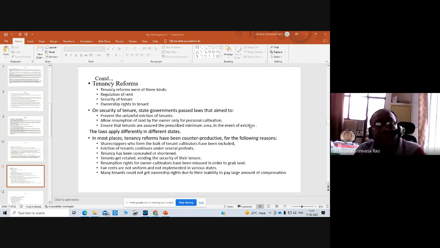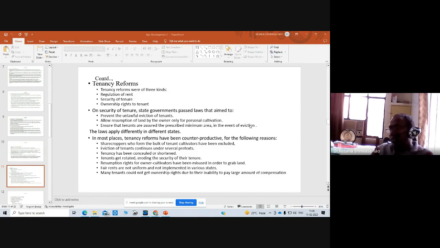For namesake these three tenancy reforms were there, but nowhere have they been perfectly implemented. They keep changing, because in some places only they have been fixed, and in the rest they change from time to time, due to calamities, droughts, floods, cyclones and other natural calamities.